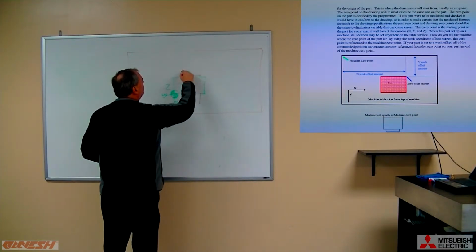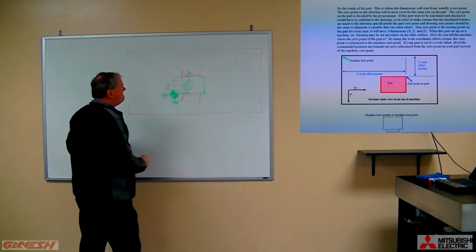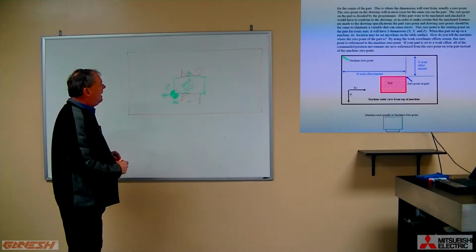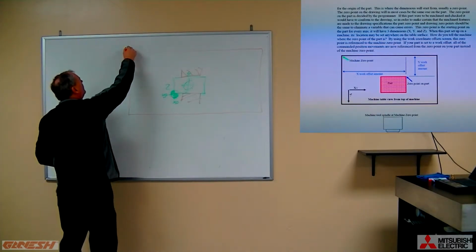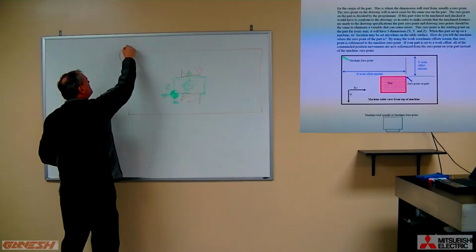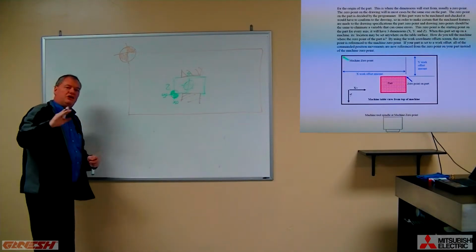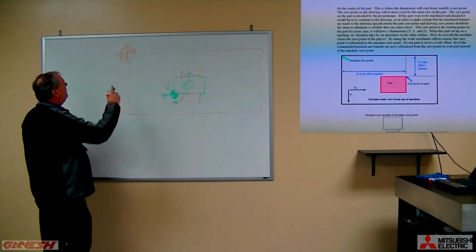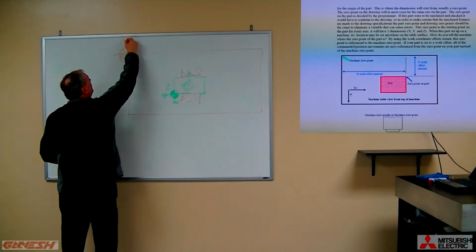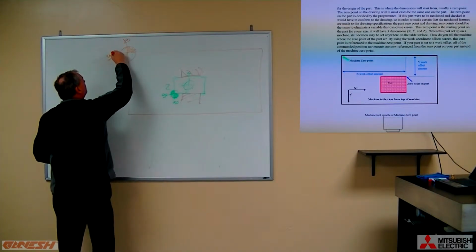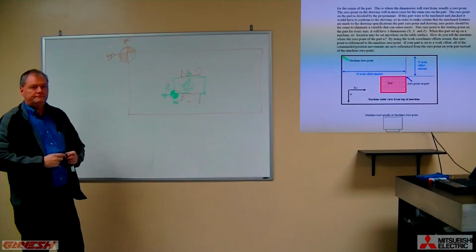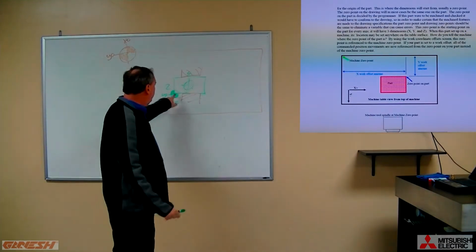So here's our vise. And you must realize that the machine itself has a datum point. As far as the machine is concerned, this is x0 and y0. Not your point.